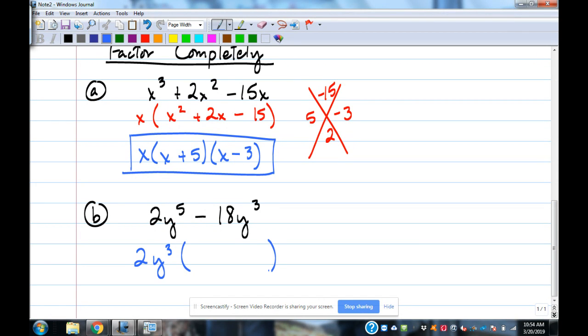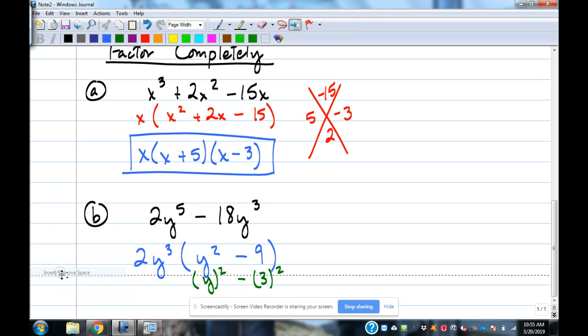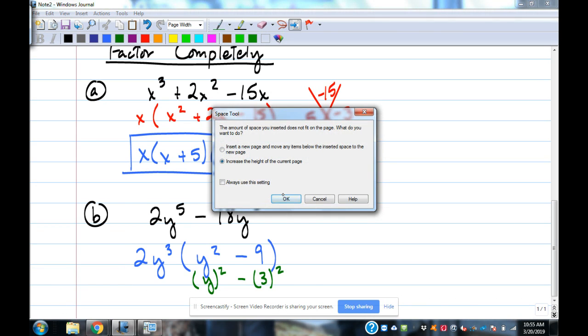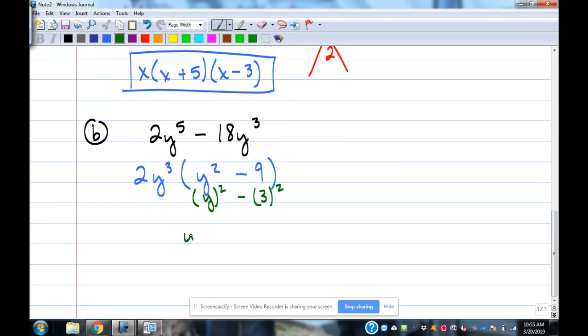What's that going to leave in the parentheses? y squared minus 9. Yeah, we can do this difference of squares because 9 is a square number. It's 3 squared. So that means our factors would be what? Yeah, y plus 3, y minus 3, and then 2y cubed that we pulled out at the beginning.